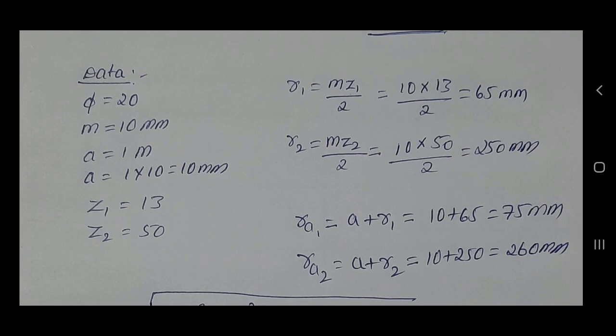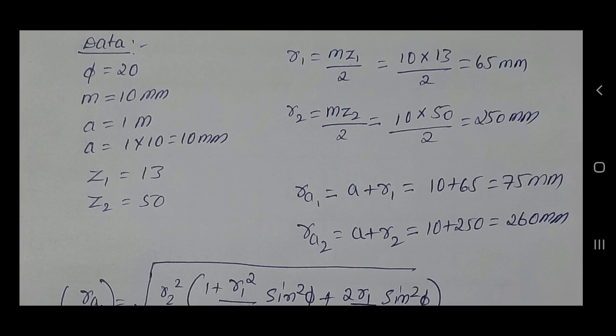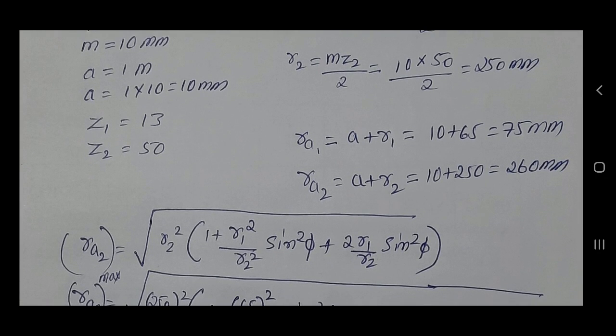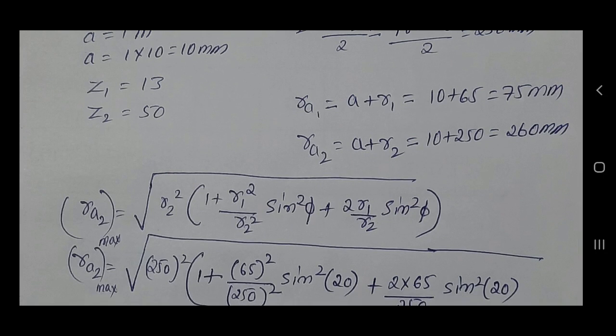Path of contact is equal to path of approach plus path of recess, but we are not going to follow that procedure here. We are going to take the formula for the maximum addendum radius of the gear, from the derivation of the minimum number of teeth to avoid interference that we discussed before lockdown.